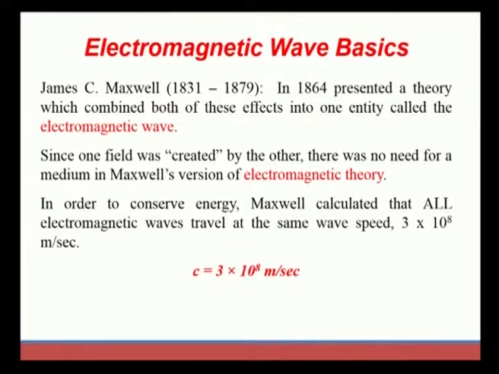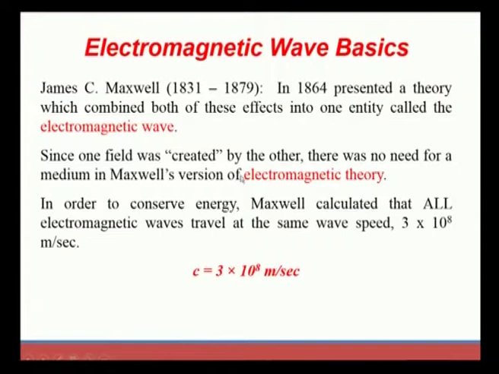So there is no need for any medium to pass through, because it can travel in a vacuum also. Whereas a mechanical wave, like a sound wave, requires a medium, electromagnetic waves do not require any type of medium. That is the basic in-depth knowledge of electromagnetic theory proposed by Maxwell.